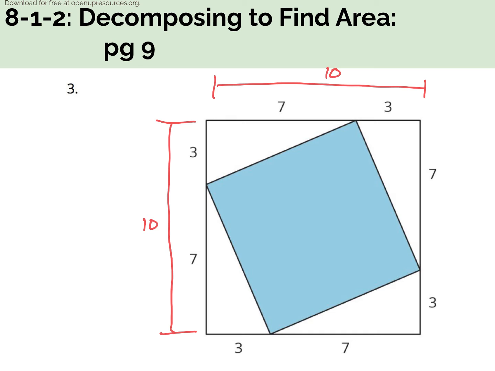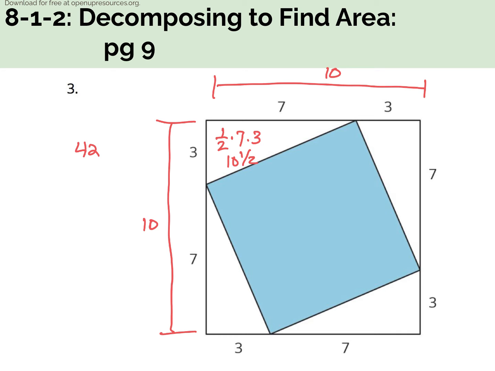And then our area is 1/2 times 7 times 3. So let's do that. 1/2 times 7 times 3. It's 10.5. And then we're going to have 10.5 added together 4 times, which is 42.